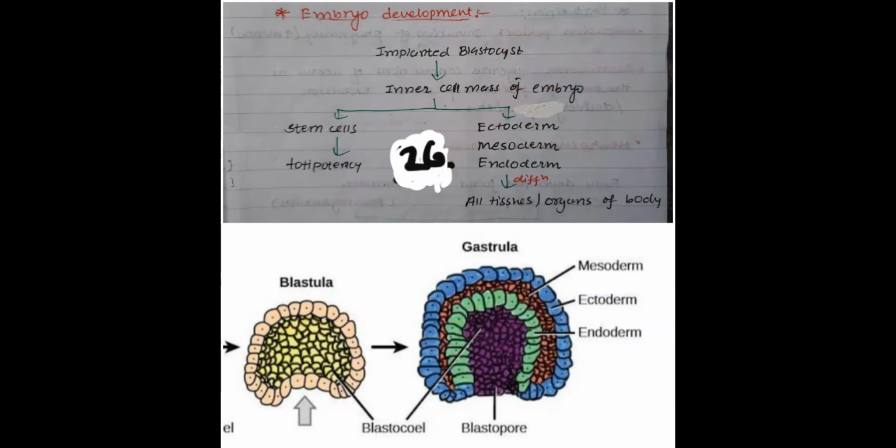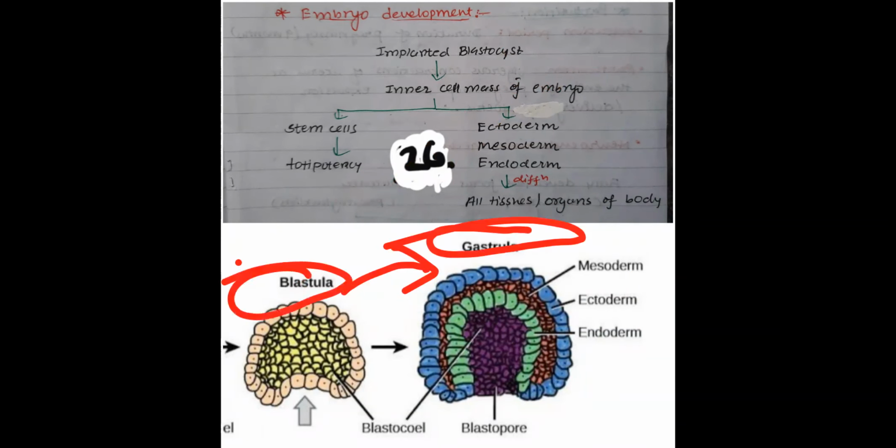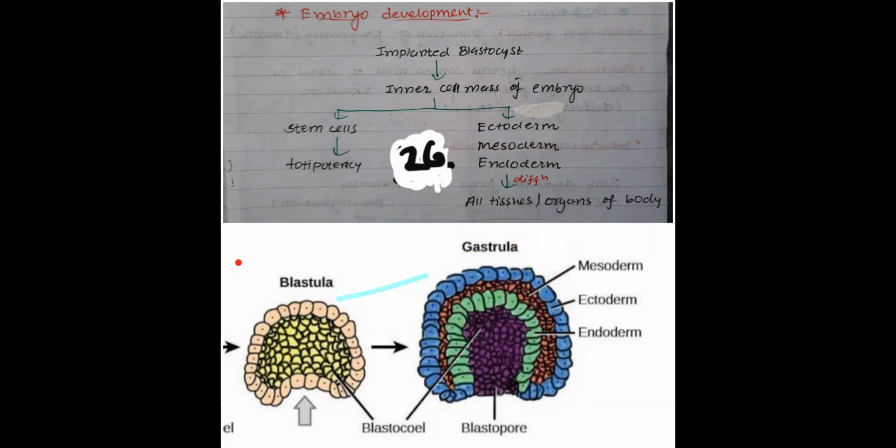Such an embryo gets implanted into the wall of the uterus, and then it will gradually transform itself into the next stage, called gastrula.